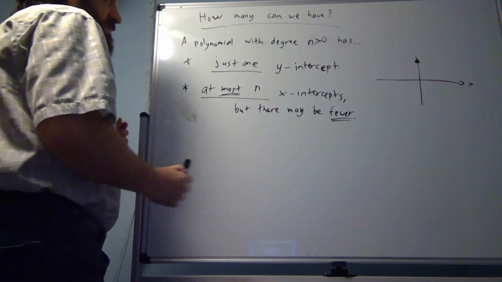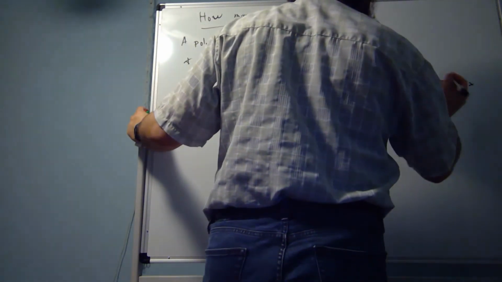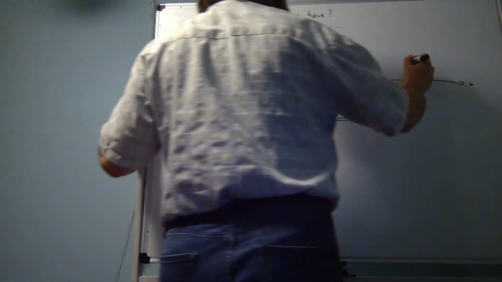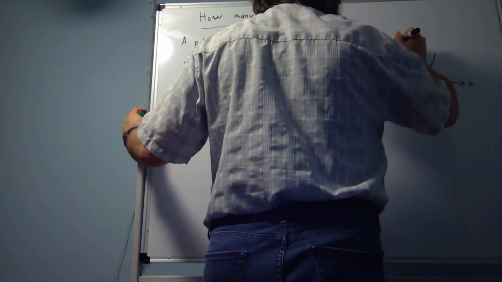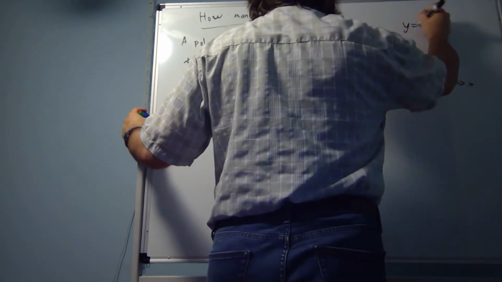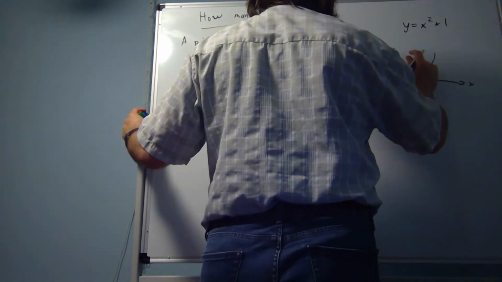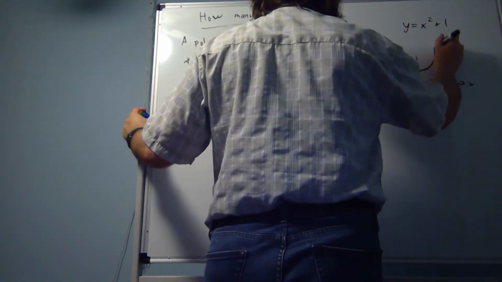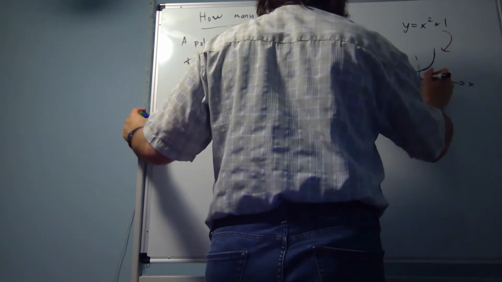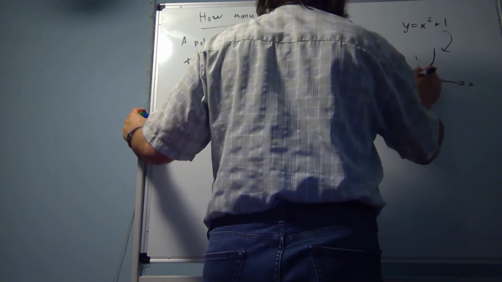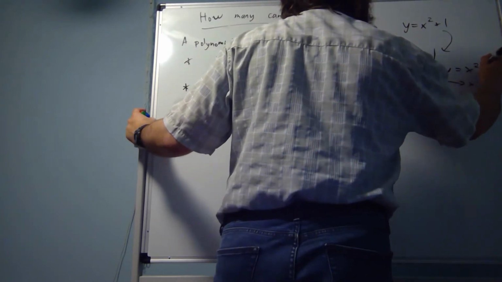So let me just do a quick sketch of this. Just for parabolas, for example, how many x-intercepts does a parabola have? That's like y equals x squared. But here, this is like y equals x squared plus 1. Even just by adding a constant, we get no x-intercepts. Here we get exactly 1 x-intercept.